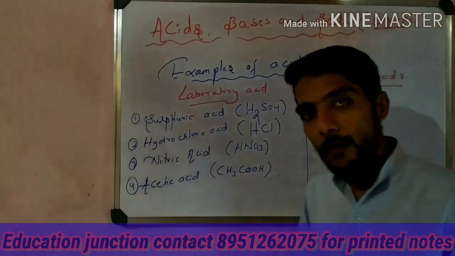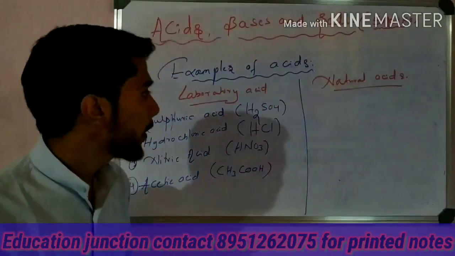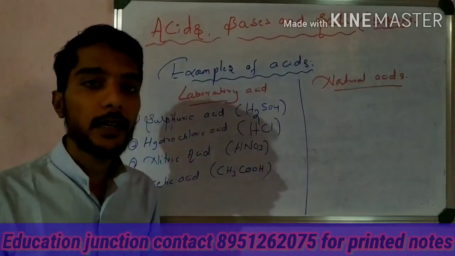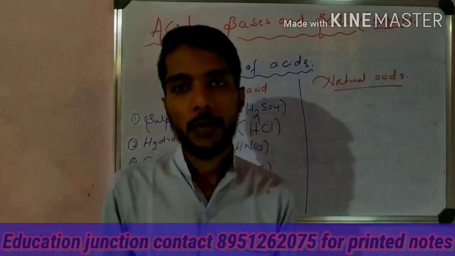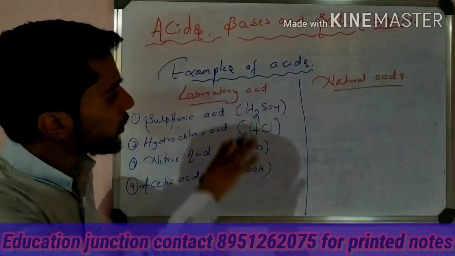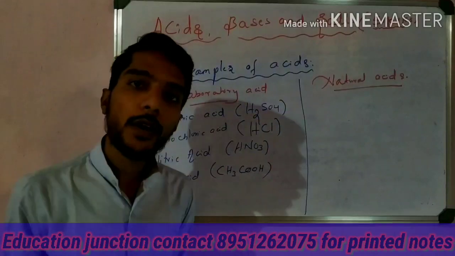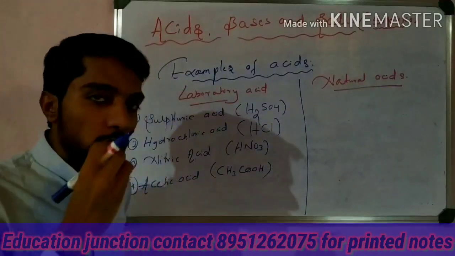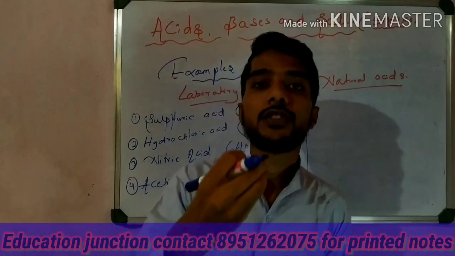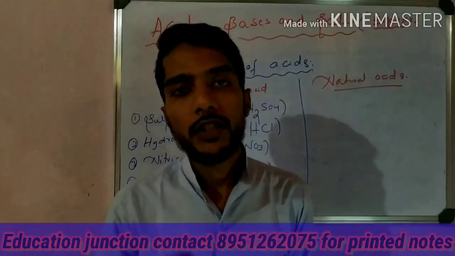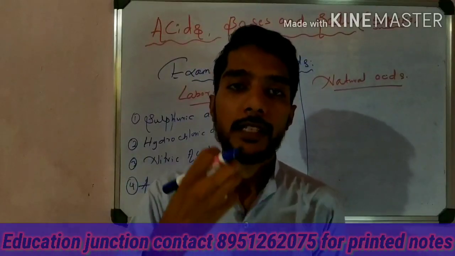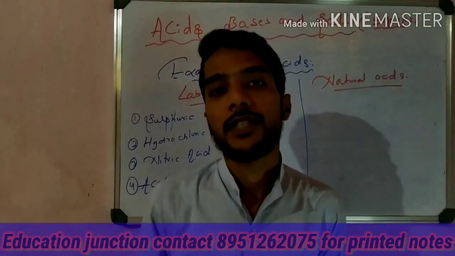Now students, when we take these four acids, we have to divide them as weak and strong. One question is which is strong and which is weak. A strong acid is an acid which gives more H plus ions, more hydronium ions, when dissociated in water.